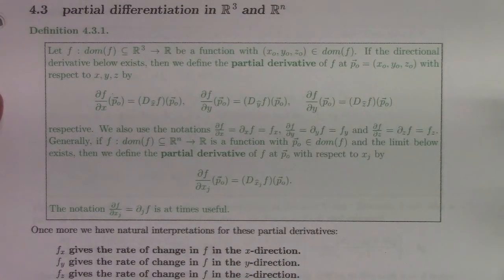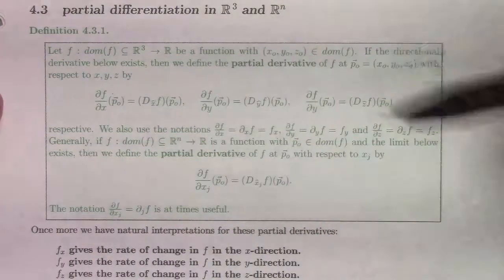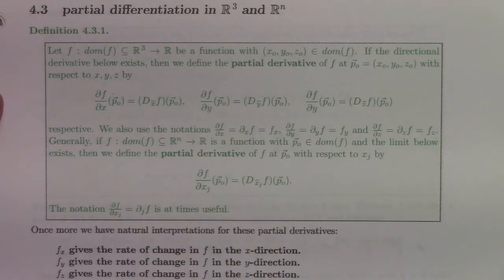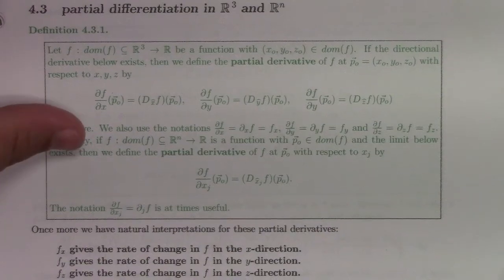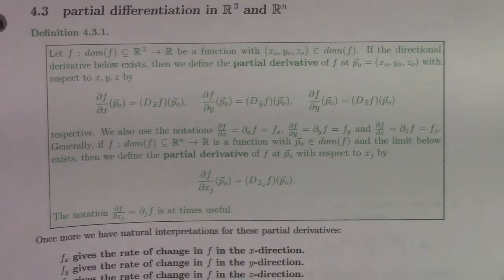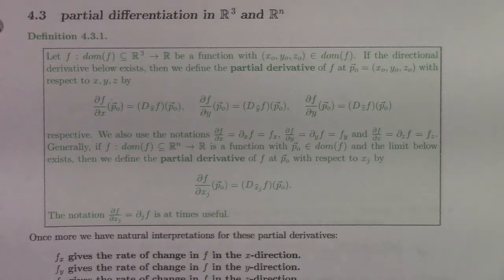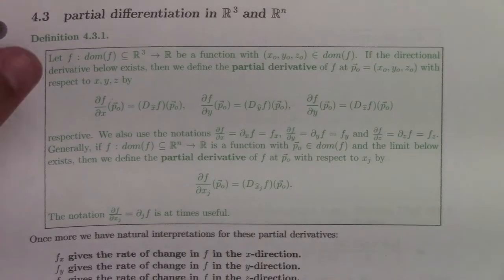And there you go. That's how we differentiate with respect to x, y, and z. We use directional derivatives. Now you might say, I don't really understand the directional derivative, so you're just defining something I don't know in terms of something I also don't know. That's not really useful to me.